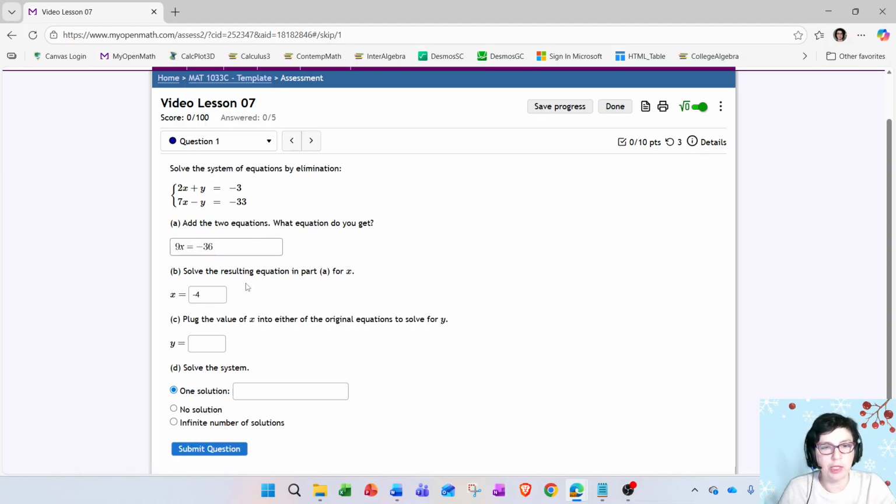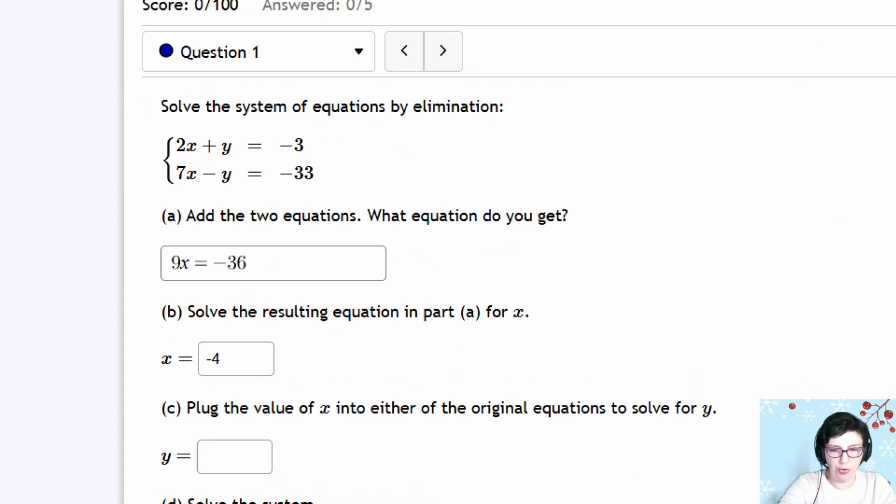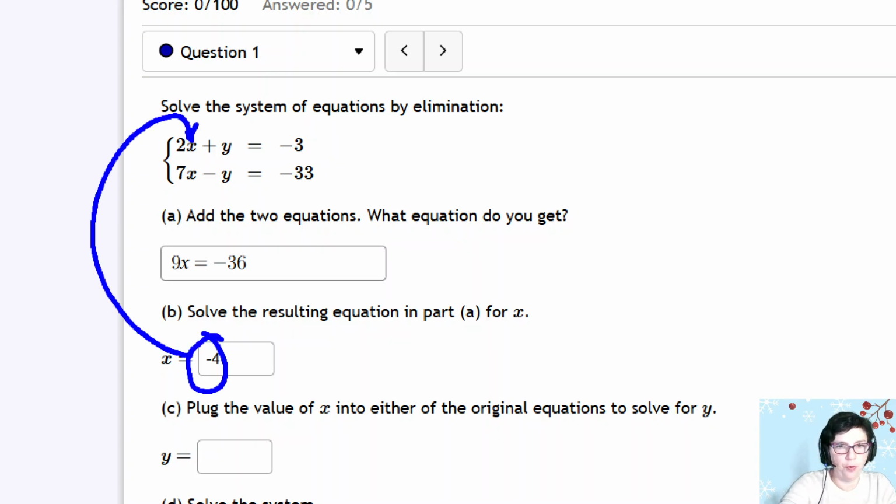We're not done, because the solution is a pair of numbers, x and y, so we still have to get y. Well, to do that, what you're going to do is take this new value that you just got, and you're going to substitute it for the x in the first equation or the second equation. It doesn't really matter which one. It's going to be your choice.